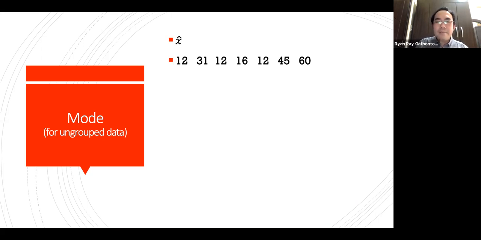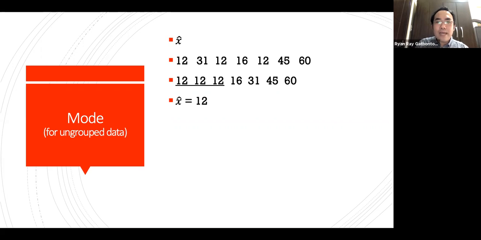I prefer to arrange it into an array again to help me determine which is the most frequently occurring. In this case, 12 is the most frequently occurring data in the set. Therefore, my mode is 12.